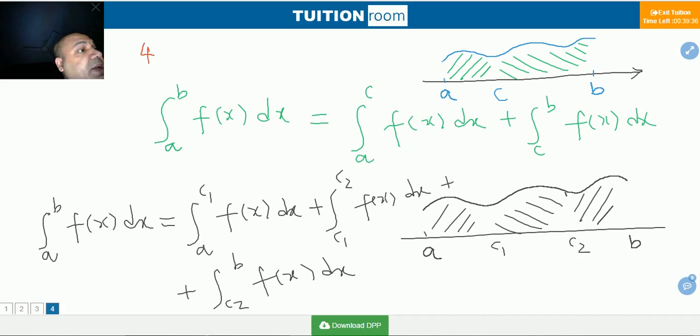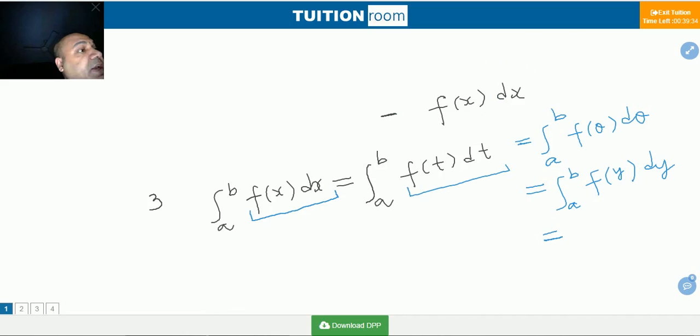Now again, students, I am going to remind you, you should keep these four basic properties in your mind. If the lower limit and upper limit are the same, then the value of the integral will be 0. If the lower limit and upper limit are interchanged, then a minus sign will appear.